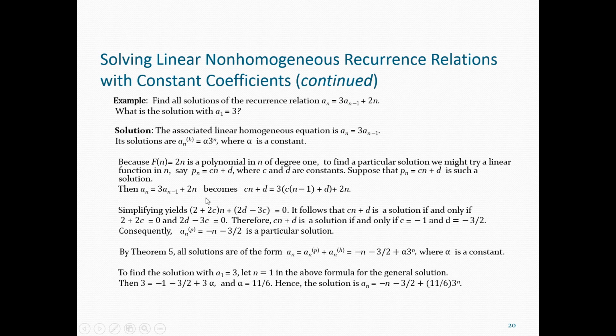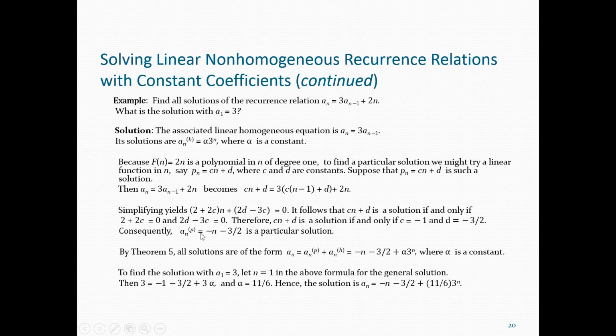Okay, so we have assumed that the solution is of this form, and then we plugged it in the original equation, and consequently we have this equation. Now, in order to find the values of C and D, we have to compare the coefficients.